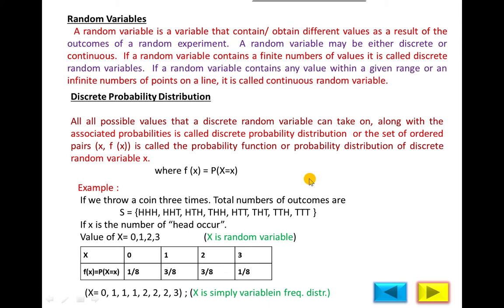You have used it in frequency distribution. Variable represents all the values, all the collected data, actual data, raw data. And what is the random variable? Random variable represents the possible results of the variable.